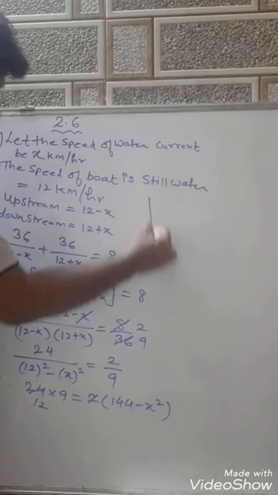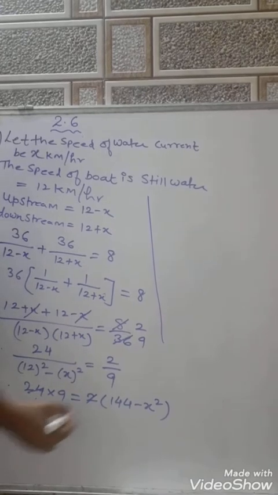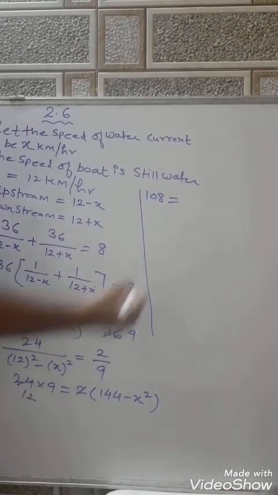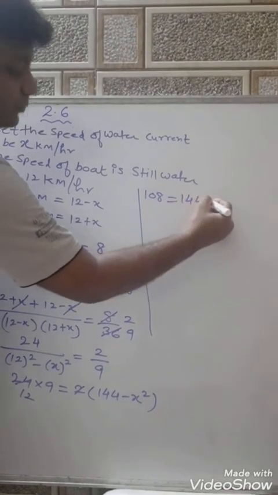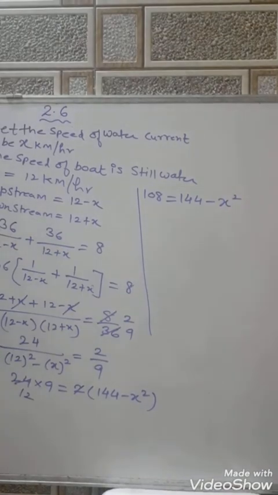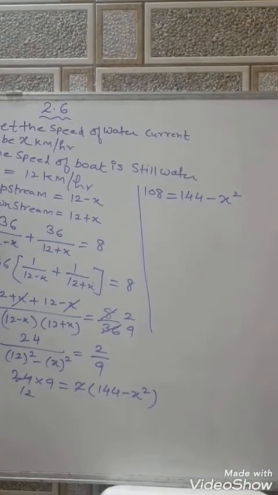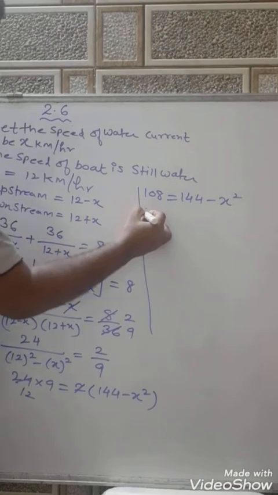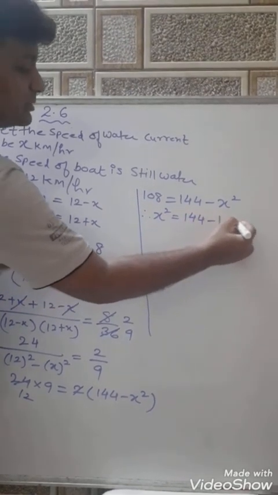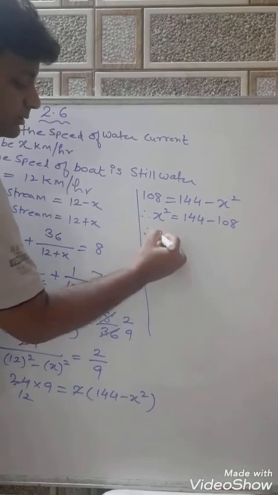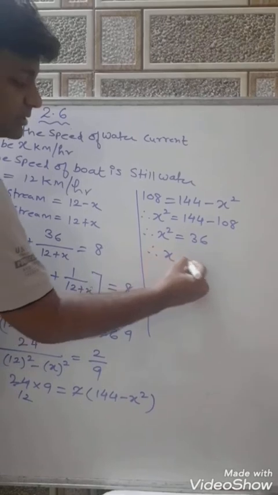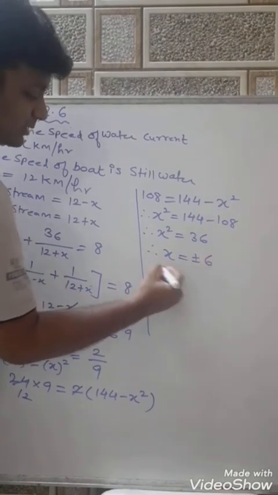So here 12 multiplied by 9 is 108, that equals 144 minus x square. Now shift minus x square to this side. So you get x square equals 144 minus 108. So x square equals 36. So x equals plus or minus 6.